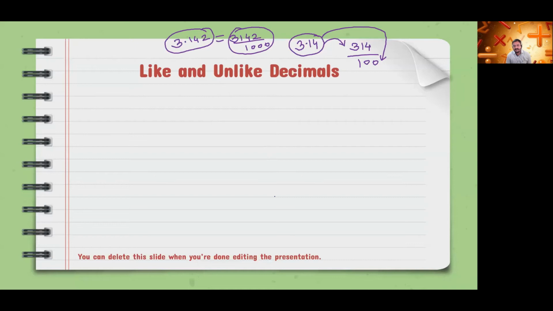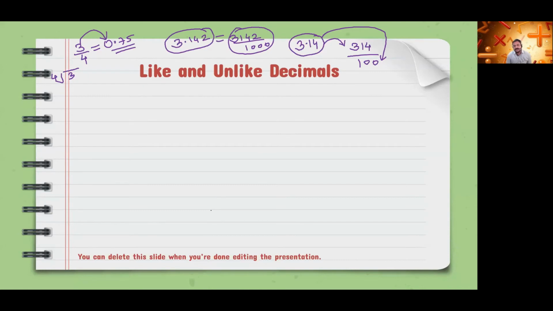So what is the relation between decimals and fractions? We can convert them. Decimals can be converted into fractions, and fractions can be converted into decimals. Now suppose I have this fraction. If I convert this into decimal, it will come 0.75. How to convert? Divide 3 by 4. You will get the answer 0.75. So a fraction can be converted into decimals also.